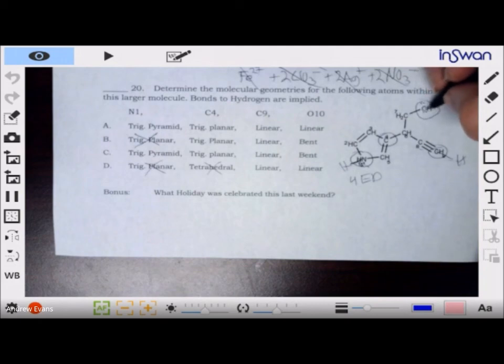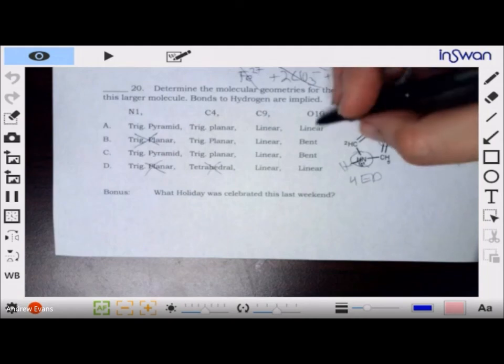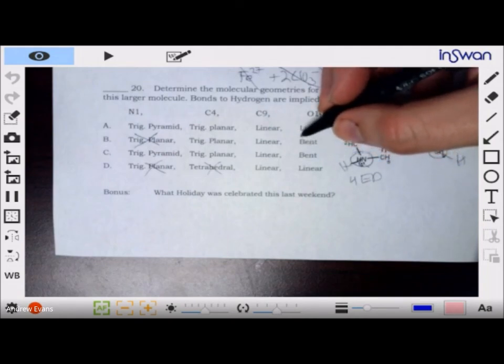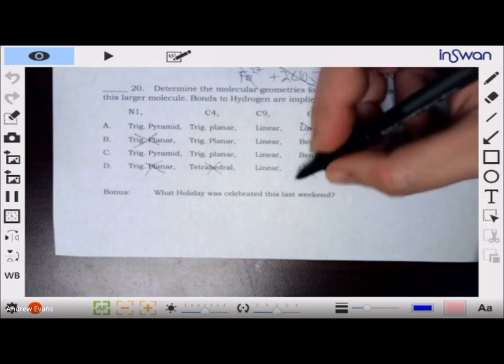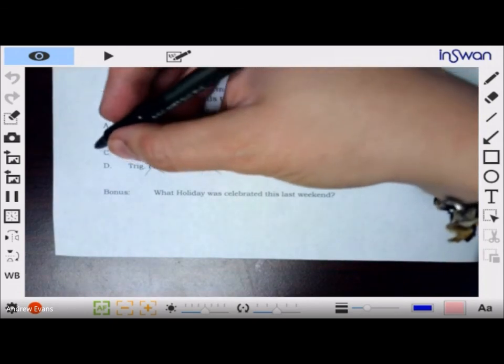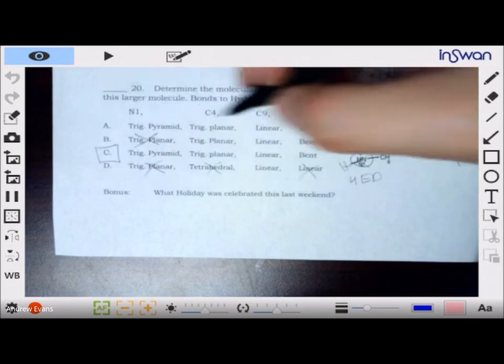And this guy, 1, 2, 3, 4. 4 electron domains, 2 lone pairs, means this guy is bent. So knocks out A and D again. So the correct answer is C.